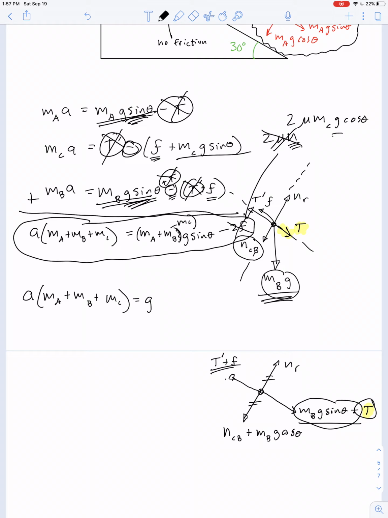So now I can factor out a G, and we have G times the quantity MA plus MB sine theta minus 2 mu MC cosine theta.